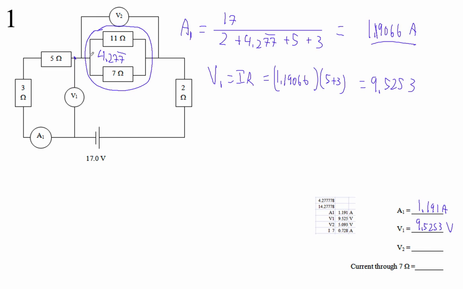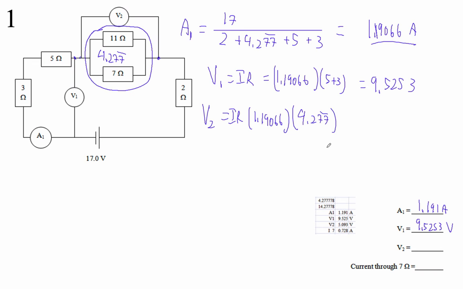But V2 is the really interesting one. That's the one across this sub-circuit there. So let's figure that one out. V2 is also going to be IR, okay? And it's going to be this current here, 1.19066 times, and then that resistance from here to here, if we go from here to here, is 4.277.